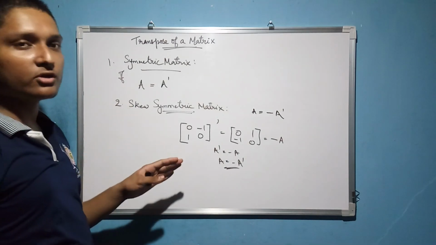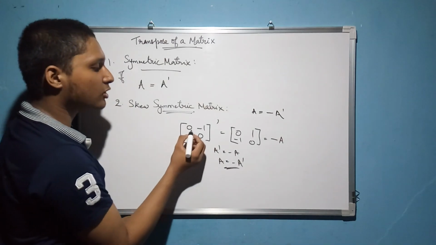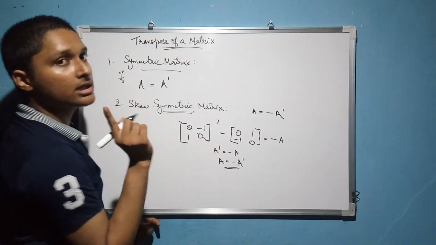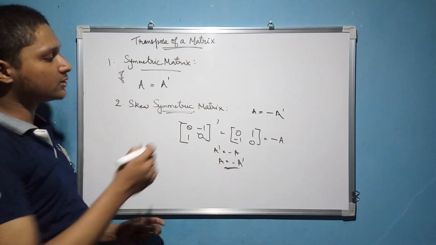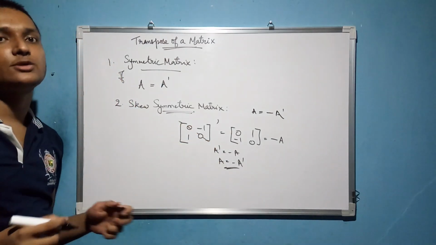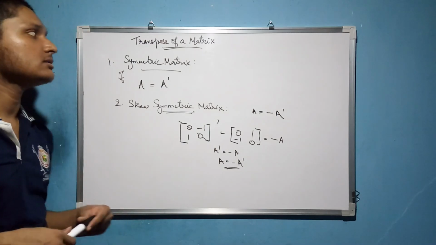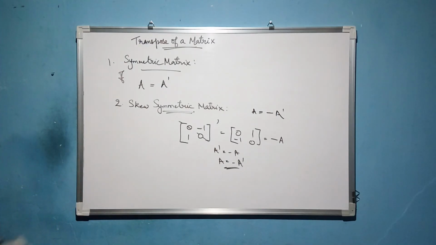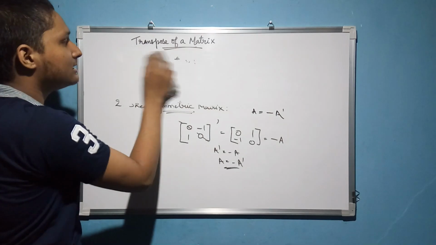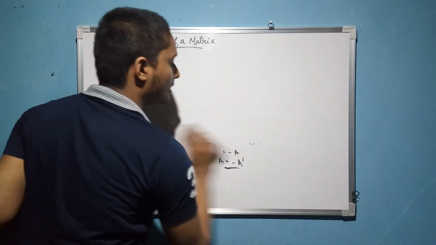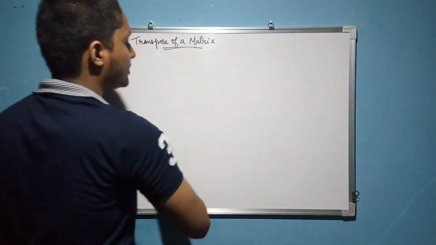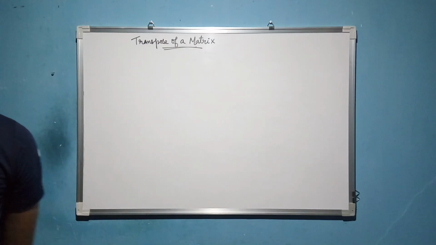The one very important thing here is that in a skew symmetric matrix, the diagonal elements are always 0. That is always true. All the diagonal elements should be 0, whatever the size of the matrix. Okay. Next we have to learn 2 theorems. After that I will just wind up and do the exercise in the next class.